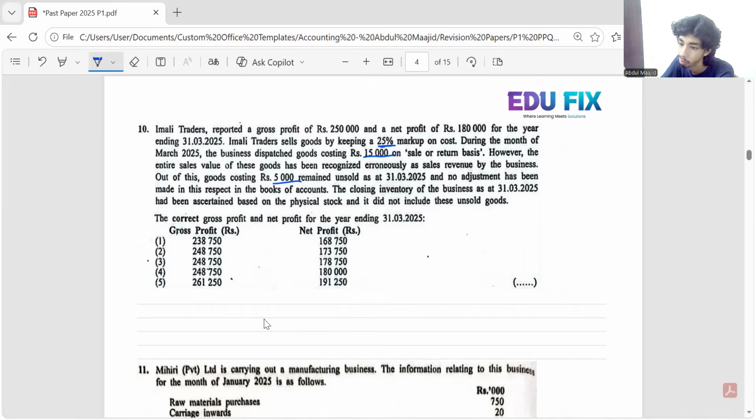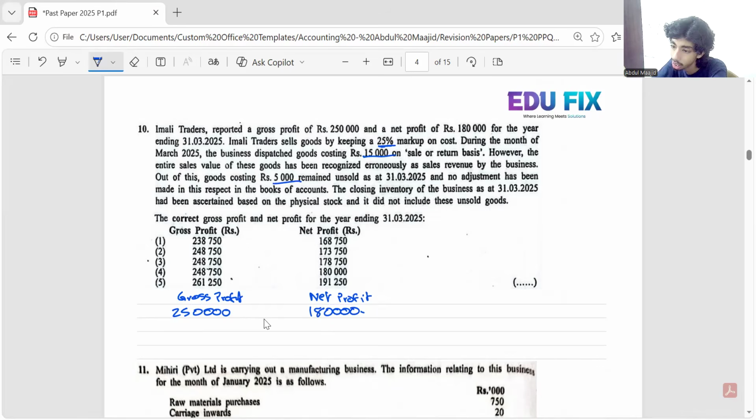Then you can prepare gross profit and net profit. The gross profit given is 250,000. The net profit is given as 180,000.